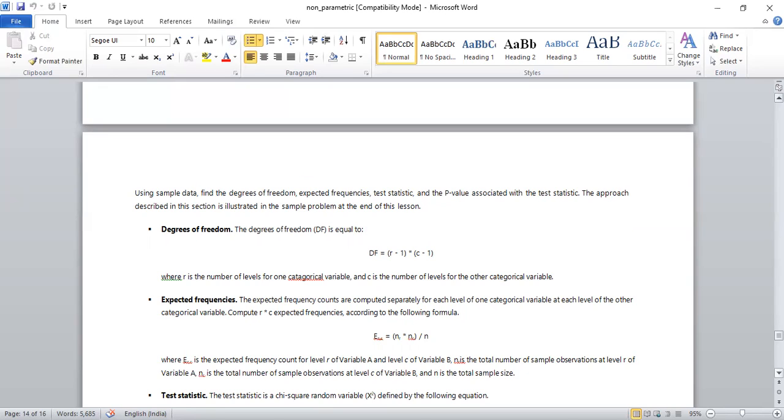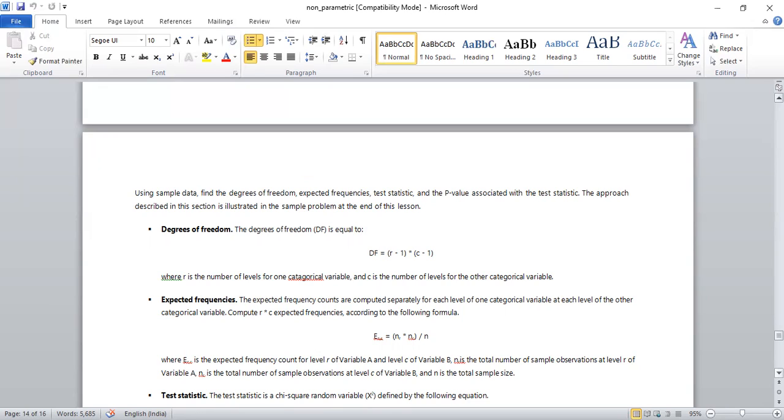Understood? Now come to the expected frequency. The expected frequency counts are computed separately for each level of one categorical variable at each level of the other categorical variable. Compute r times c expected frequencies according to the following formula.